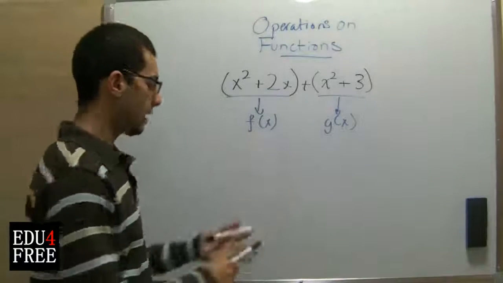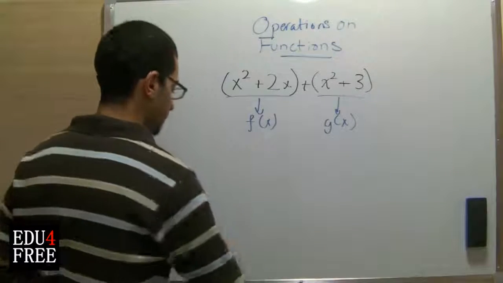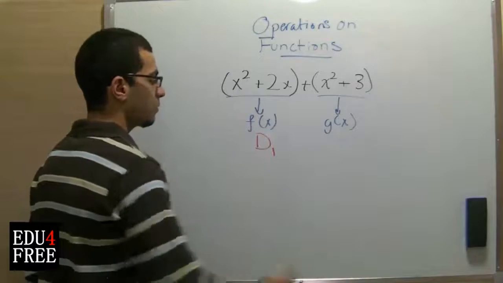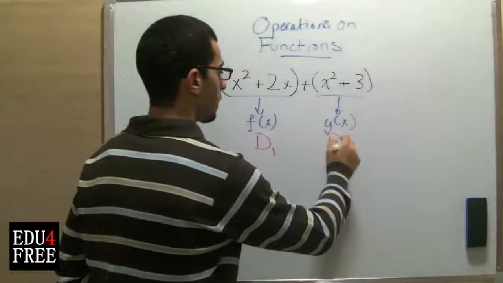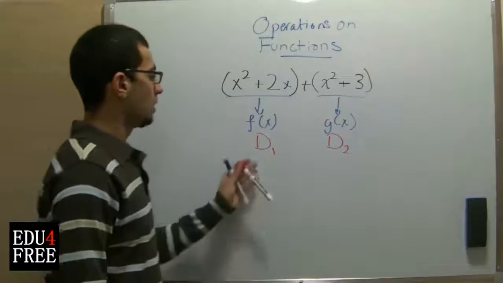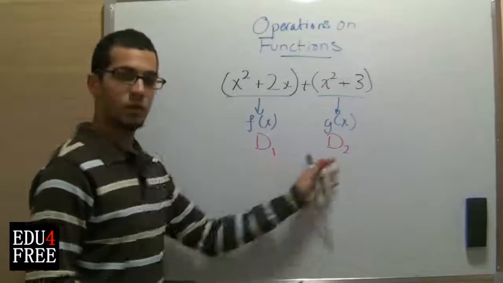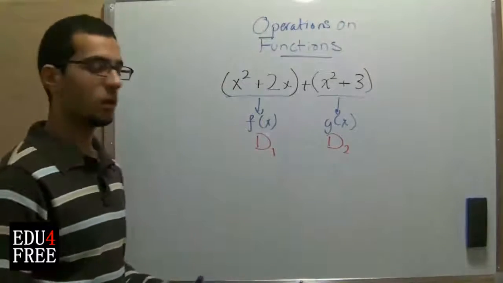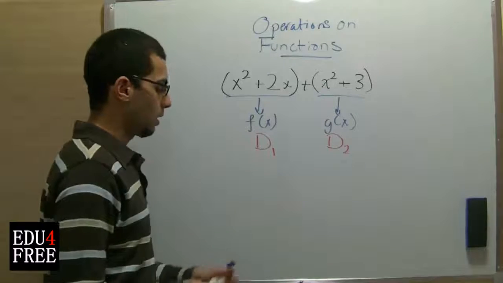And we have d1 for f of x and d2 for g of x. Now, the common part between both of these domains will be the domain of the resulting function.